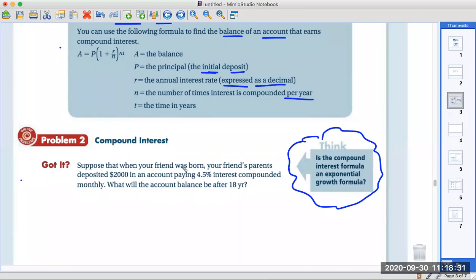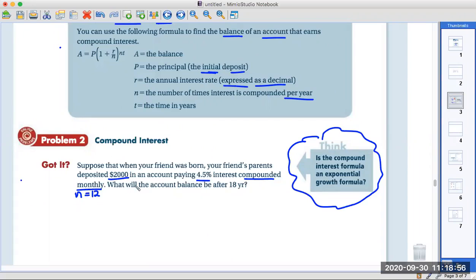Suppose that when your friend was born, your friend's parents deposited $2,000 in an account paying 4.5% interest, compounded monthly. That means N is 12, because N is the number of times interest is deposited per year.